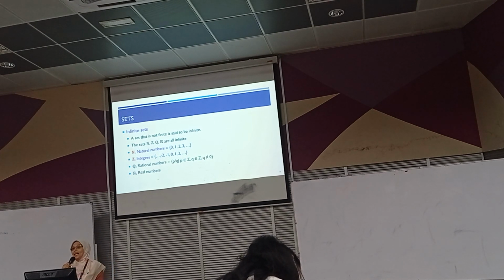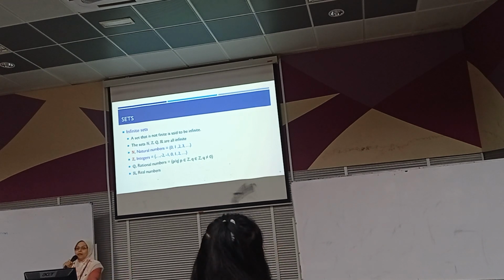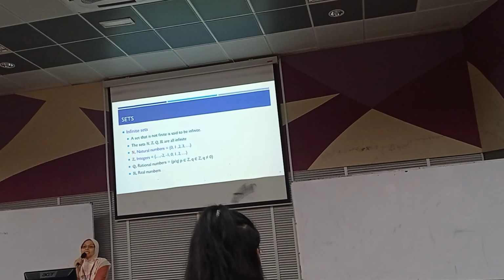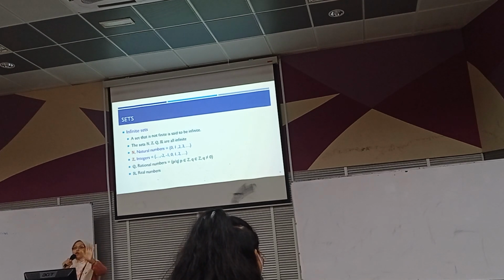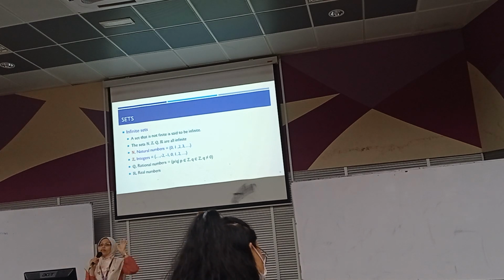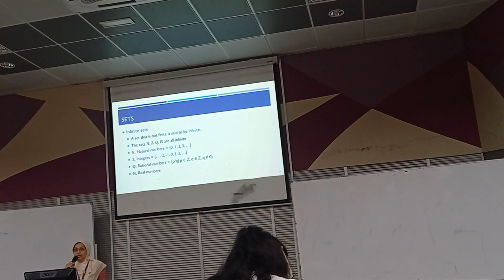The ones I showed you just now, N or Z, are what we call infinite sets. An infinite set is a given set, meaning a built-in set that you don't have to define again. It's already given to you, you can just use it.